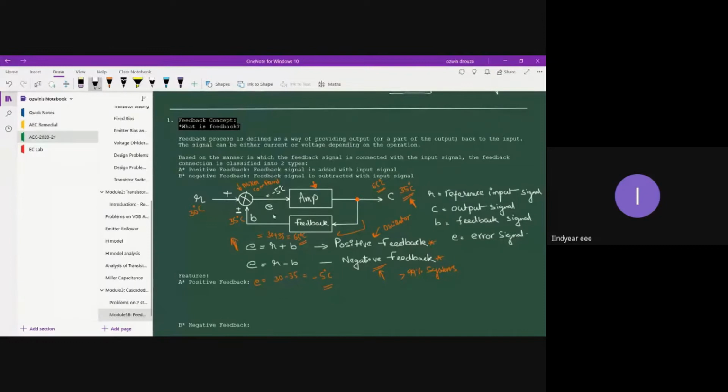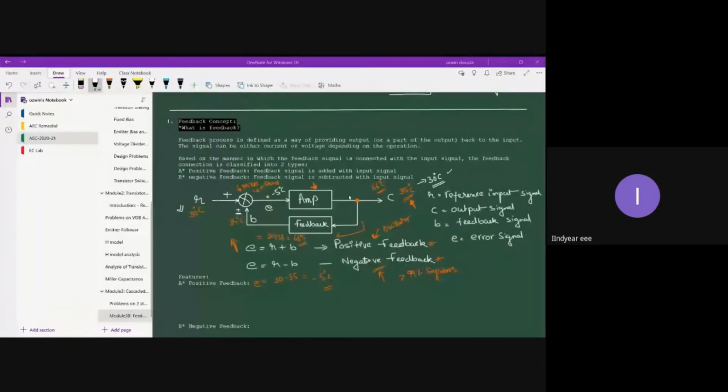That means the refrigeration system within the air conditioning system tries to reduce the temperature by 5 degrees Celsius, due to which the new temperature drops down to 30 degrees Celsius, and the output, which is now at 30 degrees Celsius, is going to match the input. So you can say that the objective is met. This is how the feedback topology works.